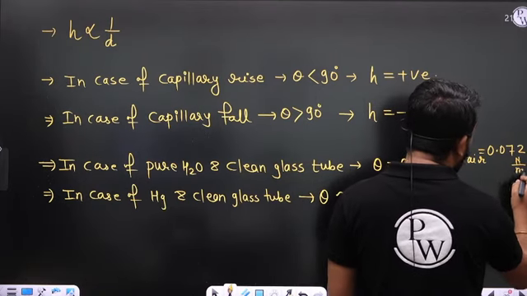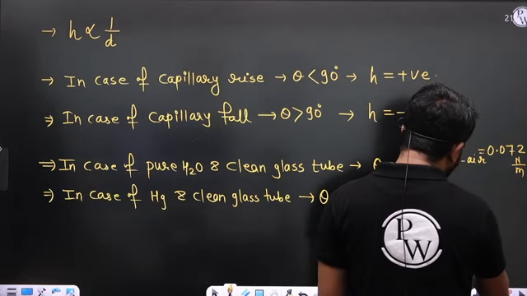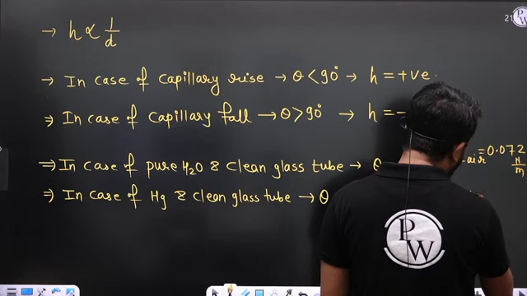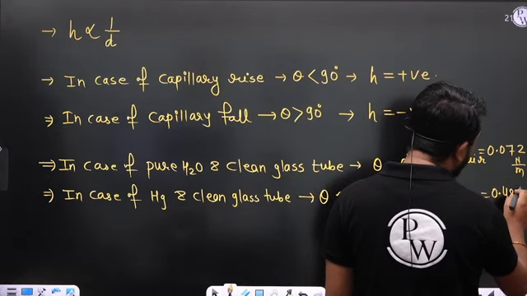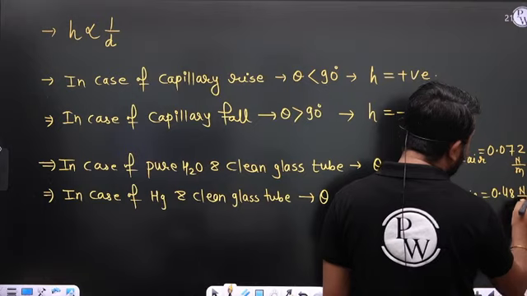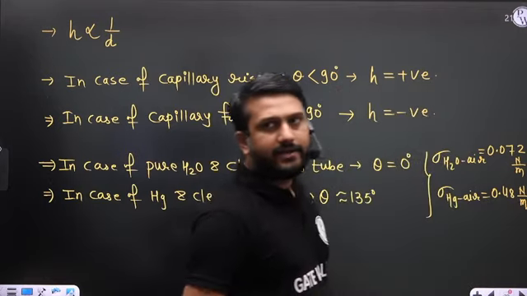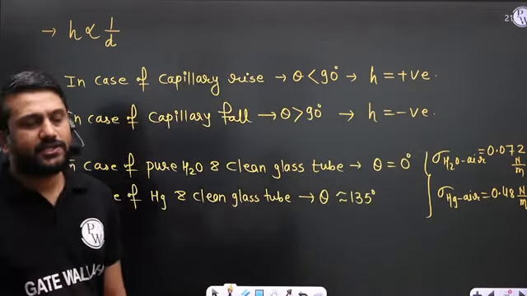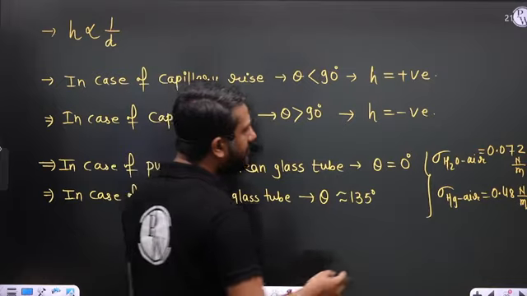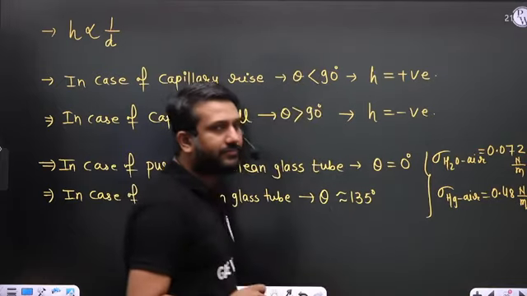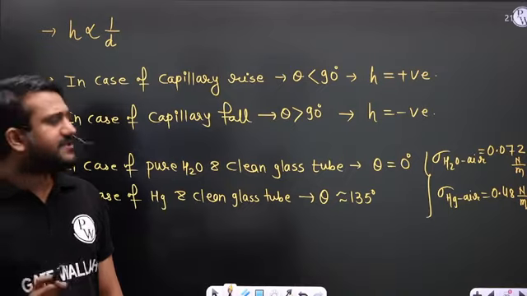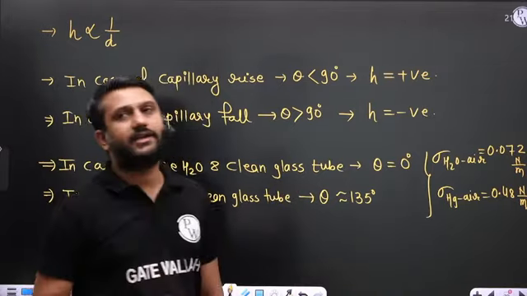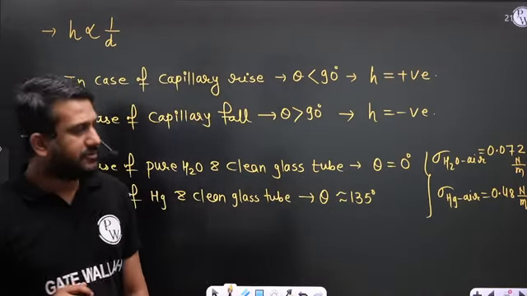And for the mercury air interface, this value is around 0.48 Newton per meter. In engineering services problems, sometimes this data is not mentioned. So at least for the water air interface and the mercury air interface, you must remember these values.